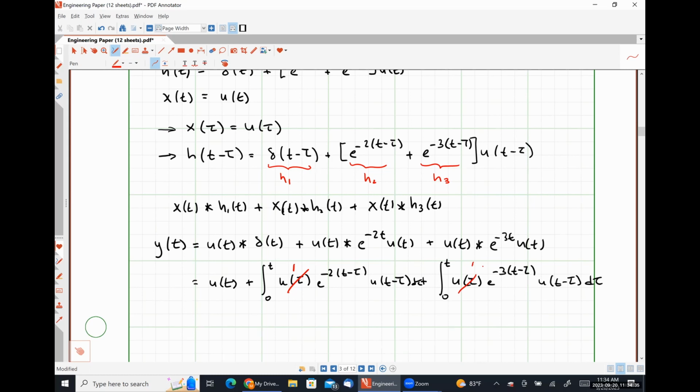What does u of t minus tau look like over the interval from 0 to t? So this is a point of time after it's fired off. So this is also just going to look like 1 regardless of what tau is.